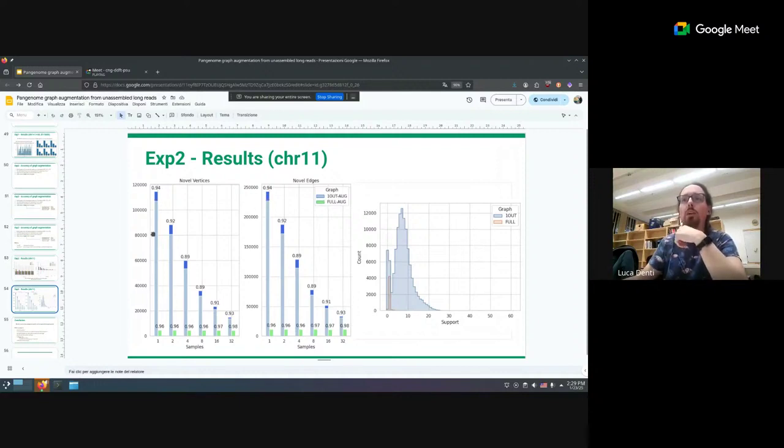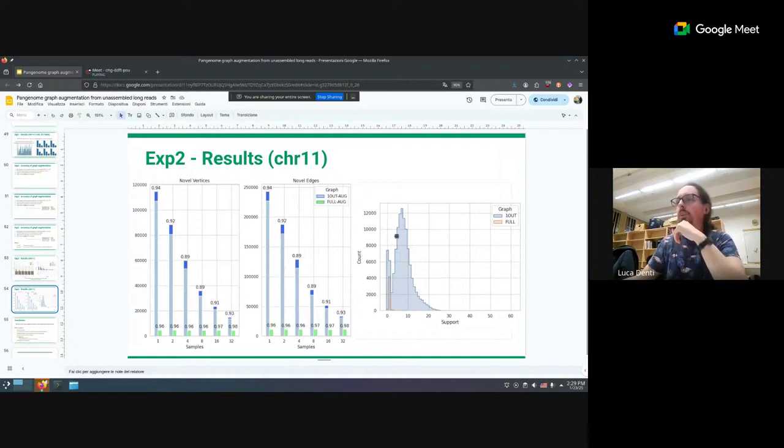For the one out, we have way more novel vertices, but some of them are not actually used by the alignments, meaning we may have some issues with precision, with our definition of precision. But still it's quite high. Mostly 90 or 94% of the vertices that we added to the graph are actually used by the alignments. And the same for the edges.